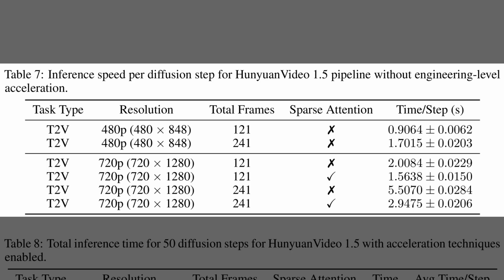At 480p, each step takes about 0.91 seconds for 121 frames and 1.70 seconds for 241 frames. At 720p, sparse attention cuts step time from about 2.01 to 1.56 seconds for 121 frames, and from 5.51 to 2.95 seconds for 241 frames, which shows a very strong benefit on longer videos.